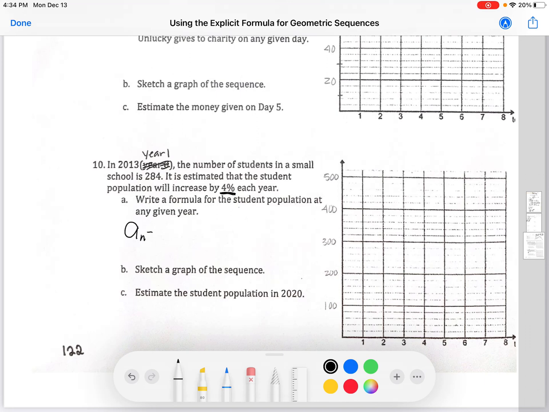Our a sub n is going to equal our first term, which is 284, times, increase by 4%, that's going to tell us 1.04 to the n minus 1 power. That's your formula. Estimate the student population in 2020. Well, if 2013 is the first year, this will be year 8. There's my hint for that particular one.